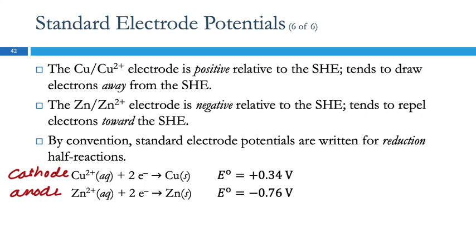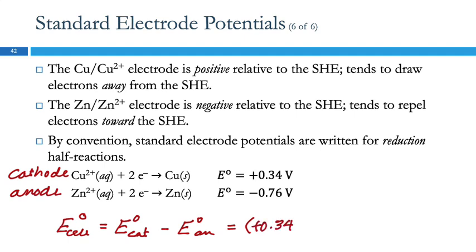And so the cell potential is the potential of the cathode minus the potential of the anode. So the cathode is positive 0.34, and we're going to subtract the anode, which is negative 0.76.